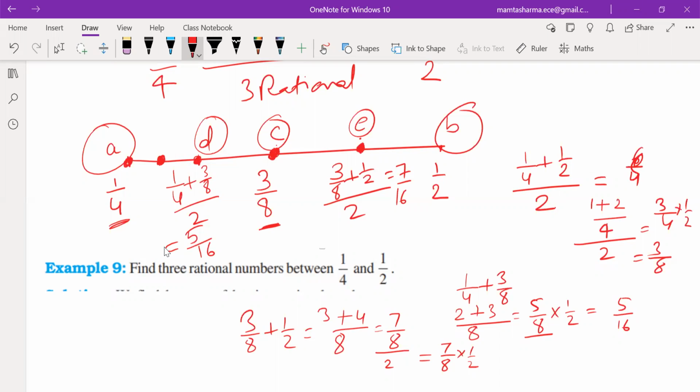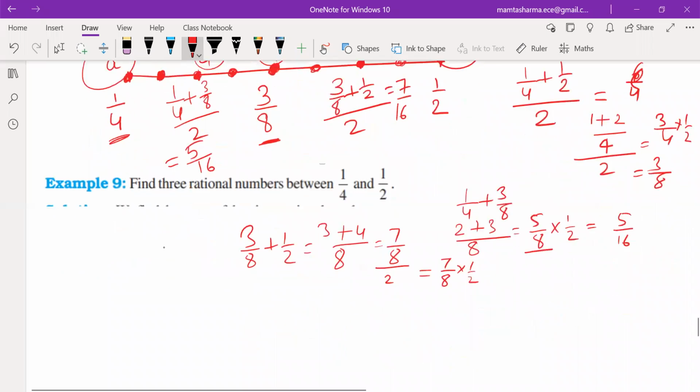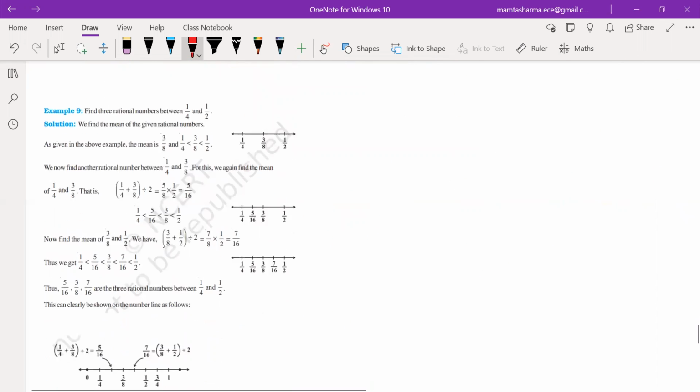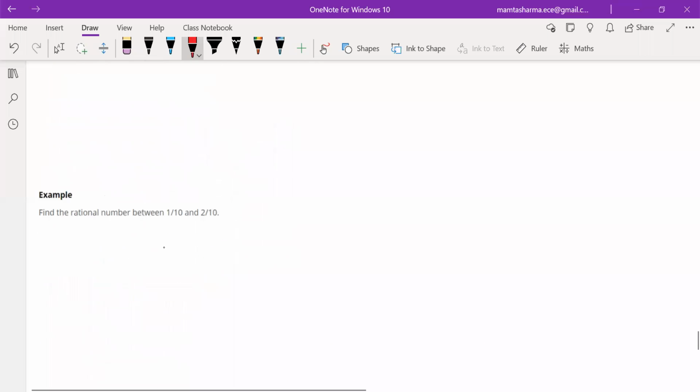Again, we can apply the mean method and find the middle of these numbers. In this way, we can find many numbers between these two numbers. Many means infinite numbers could be found between these two numbers using the mean method. Just take two numbers and find the middle number. Clear to everyone? Yes, ma'am. Okay, now next.